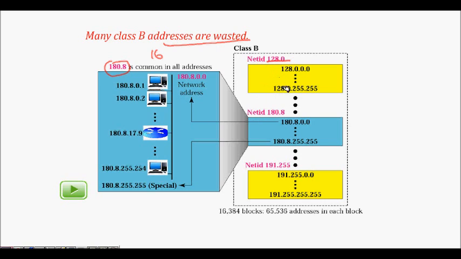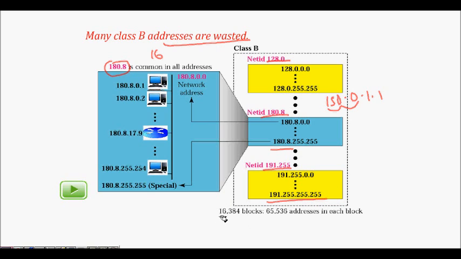It goes on and it has 180.8. You will also have 150.0.1.1 in this range. Okay, so the network ID for this will be 150.0. It goes on, 180.8 will also belong here in this class B network. 191.255.255.255 will be the last address in this one.